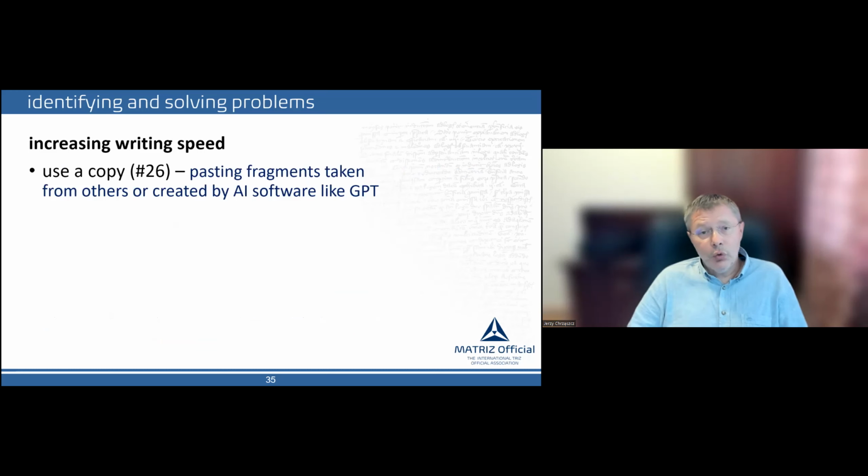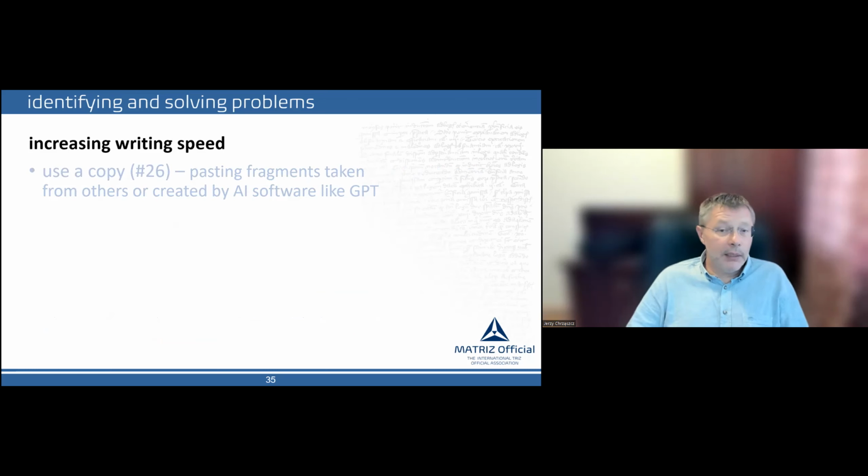When it comes to increasing writing speed, the eternal temptation of using the works of others without credit has been enormously intensified by the availability of generative language models like GPT. Such behavior must be identified as plagiarism, which disqualifies the thesis and puts the student in a bad position if it comes to that.